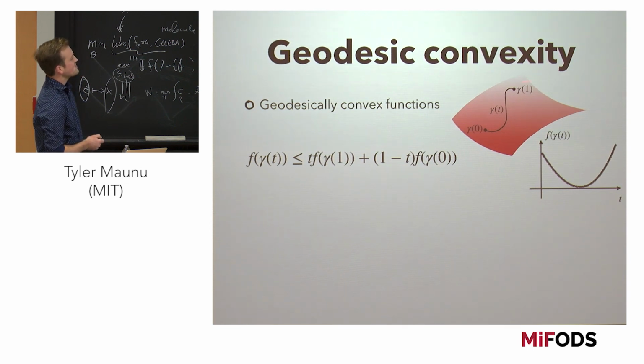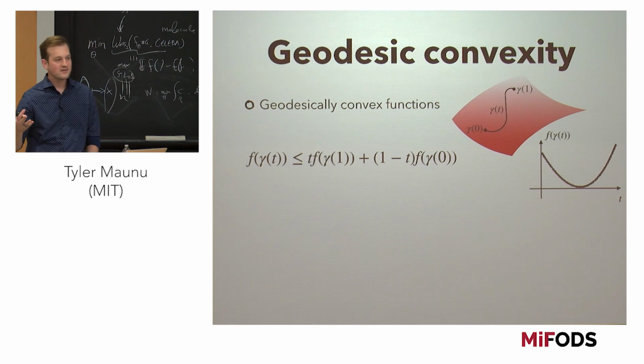So if I have some space, and I have a geodesic in this space given by gamma of t, then it's geodesically convex if for any geodesic, f evaluated at a point along the geodesic is less than or equal to t times f at the endpoint at 1 plus 1 minus t times f at the endpoint at 0.